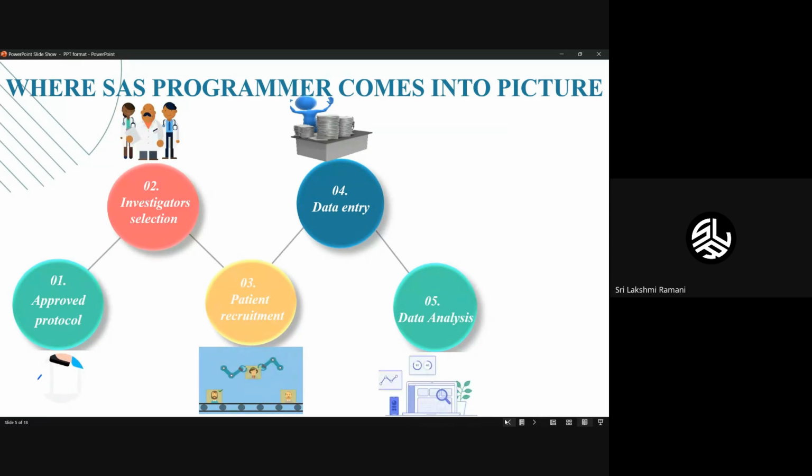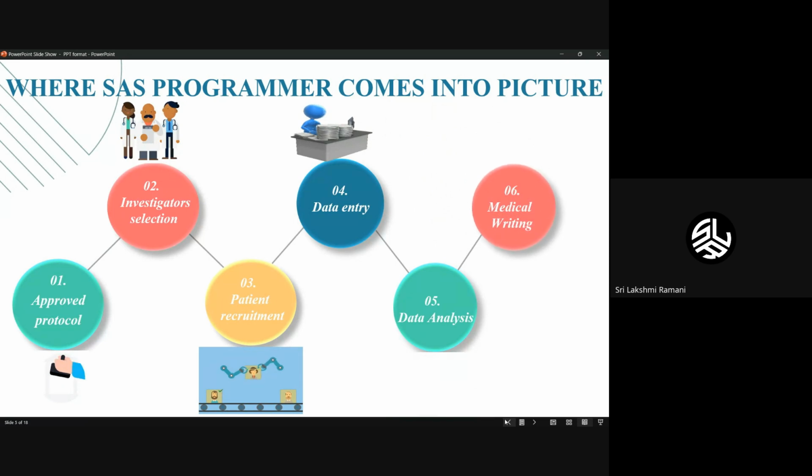Figures in the sense graphs, pie charts, scatter diagrams, and all. Then the medical writing people will look at those graphs or those tables.